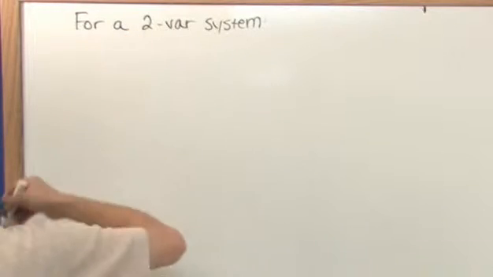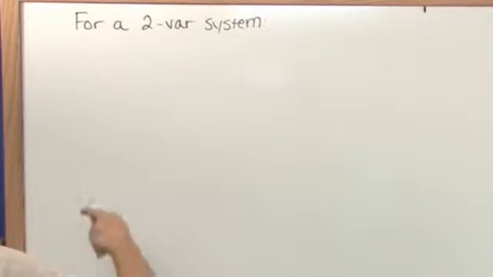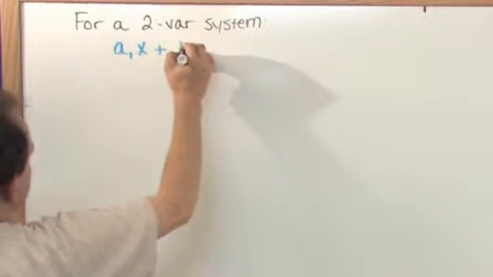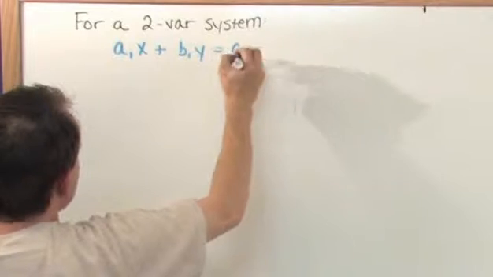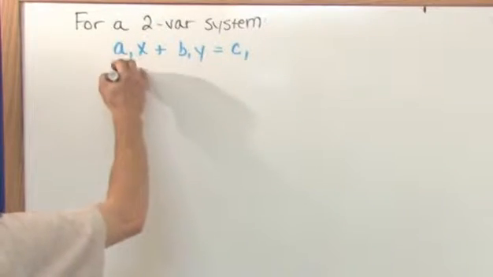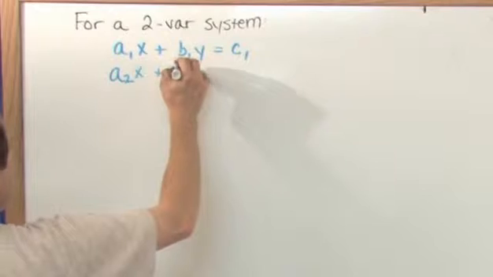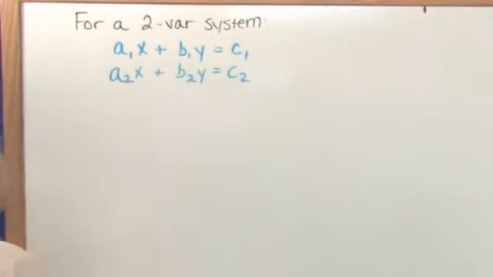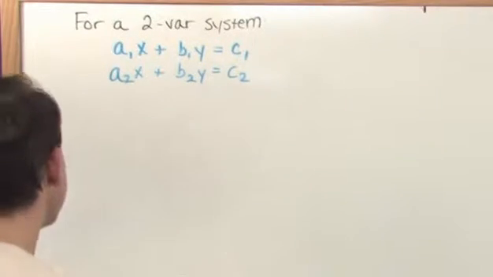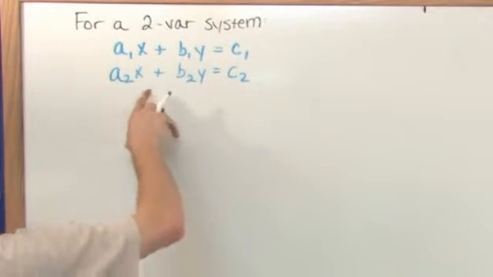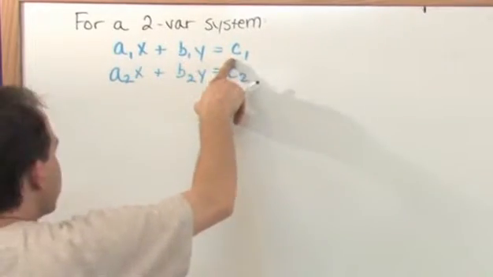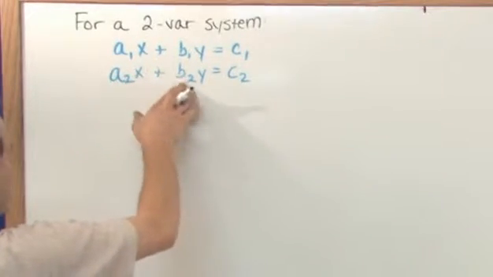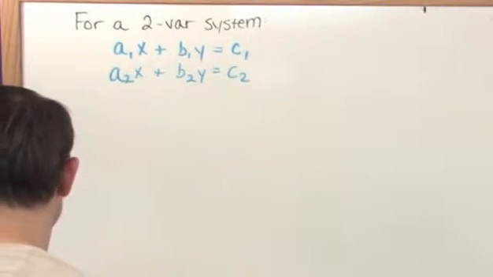In general, if you were going to write down your equations without putting numbers there, what you would see in your book a lot of times is a1 times x plus b1 times y equals c1, and you might also see a2 times x plus b2 times y equals c2. All this means is that instead of giving you an example with numbers, you just start by having letters. So you have a number in front of x, a number in front of y, and a number on the other side of the equal sign. The 2's and the 1's just mean they're different numbers. It's just a general way of writing down the system.